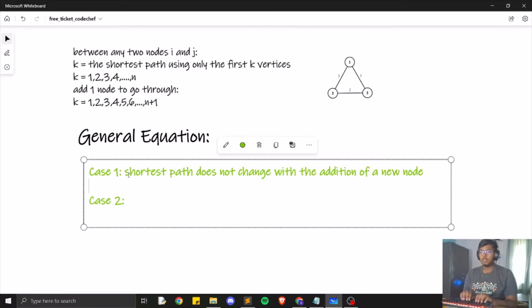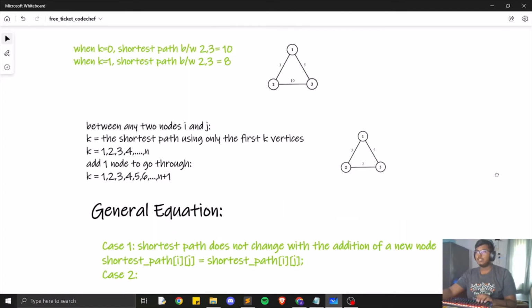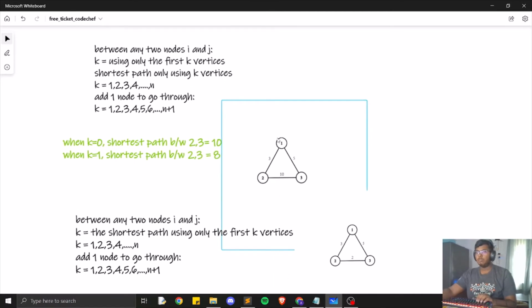Then the shortest path between i and j will eventually be the shortest path between i and j without using the new node. And case 2 is when the shortest path does change with the addition of a new node, as we can see here. When we add node 1, when k is equal to 1, the shortest path does change.